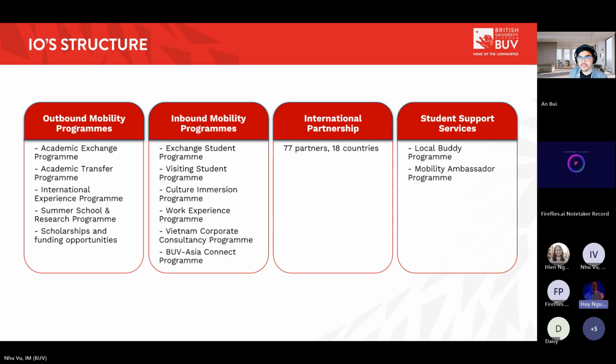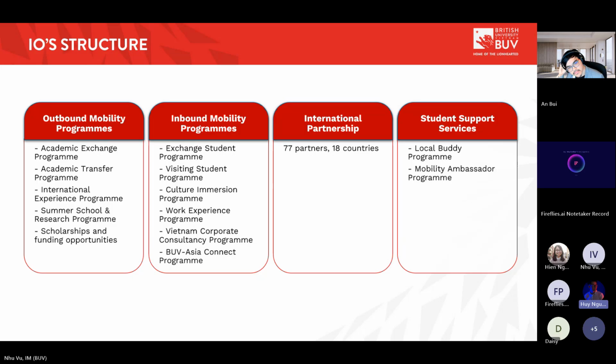Another program we want to focus on is the work experience program, for students from partner universities who come to BUV to do their internship for 1 or 2 semesters. So in total, these are the programs for inbound.